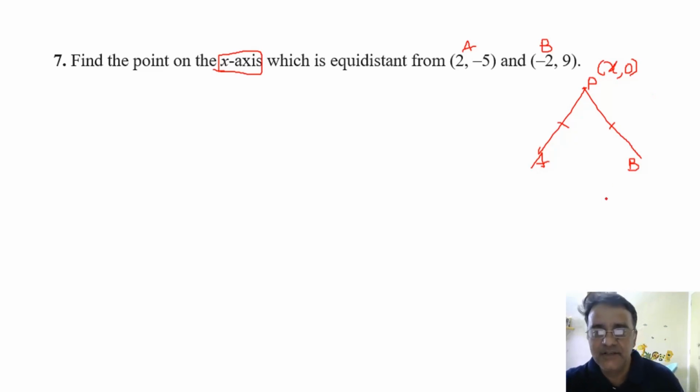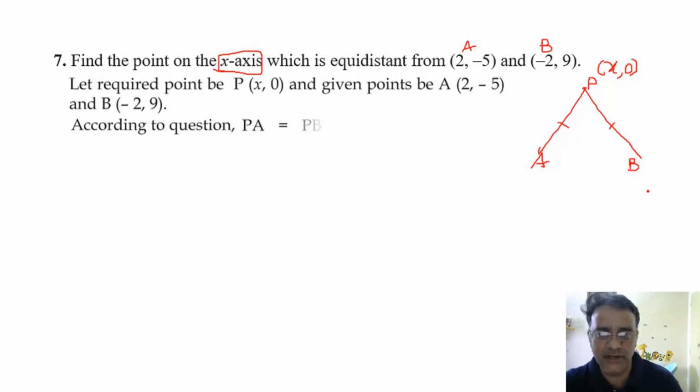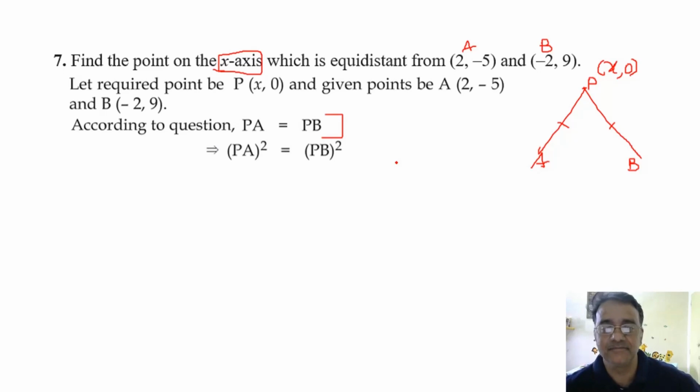Okay, so now we will use PA is equals to PB. So let us start that one. PA is equals to PB. In order to eliminate that square root, we can take square here only. To neglect that square root, we have to write in square only here.